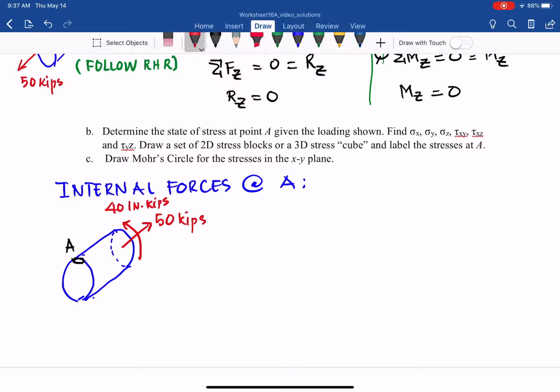So let me write down the first ones. We have Ax, of course, and I follow the XYZ axes.